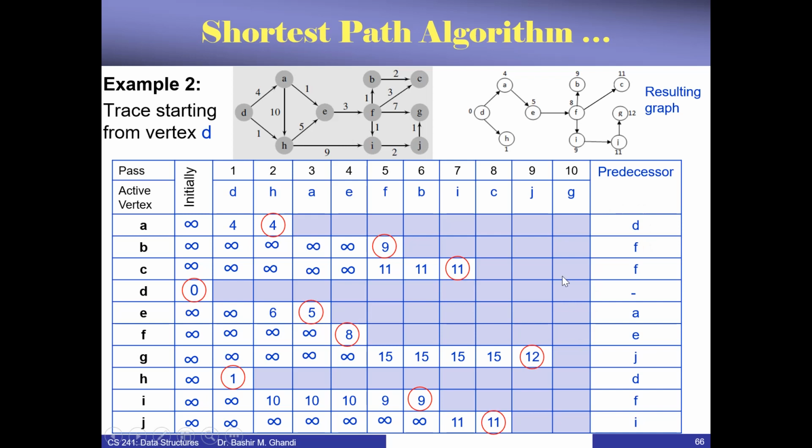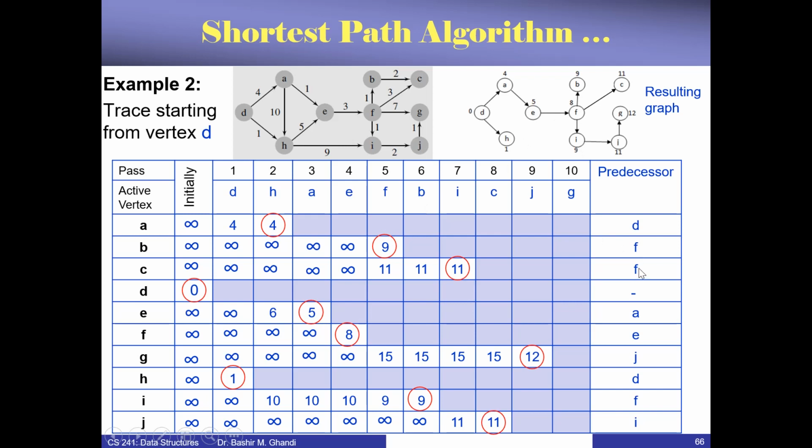Okay, how we got it, as you can see, there is D to A, and the cost was 4, so 4 is attached to A. This is saying this is the cost of reaching A. Then there is F to B, and the cost is 9, so you can see the 9.